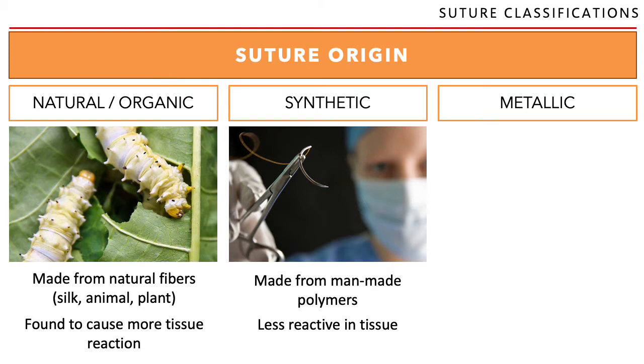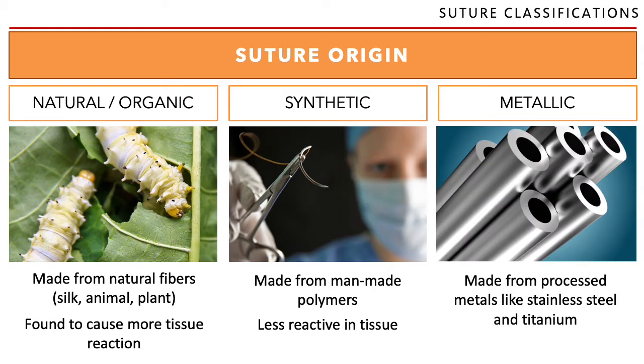So it is less reactive in tissue. While metallic, these are made from processed metals like stainless steel and titanium. This is usually just the two metals that we use as suture materials, stainless steel or titanium.